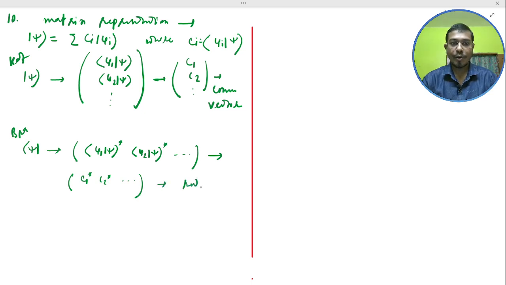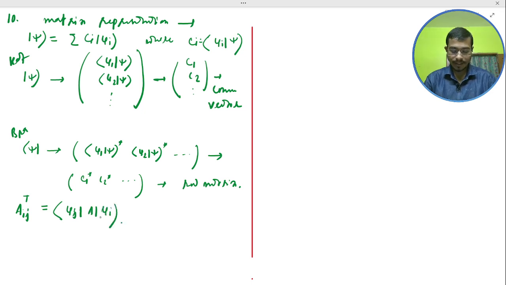Basically the row matrix. This is the column matrix. Okay. And the transpose of the operator A, basically the Aij transpose, is equal to phi j A phi i. This is the mathematical form of the transpose operator.